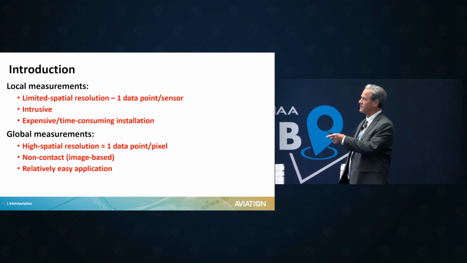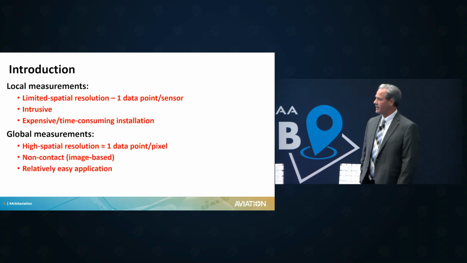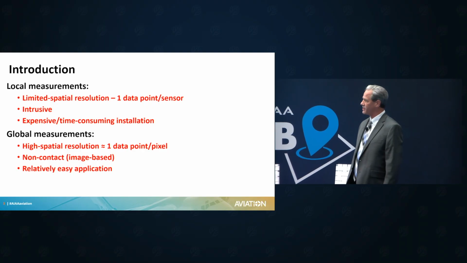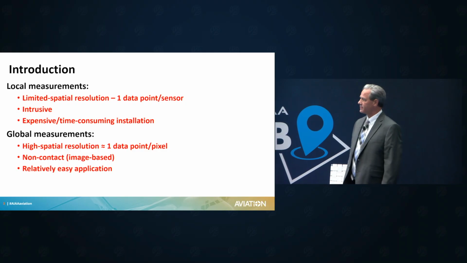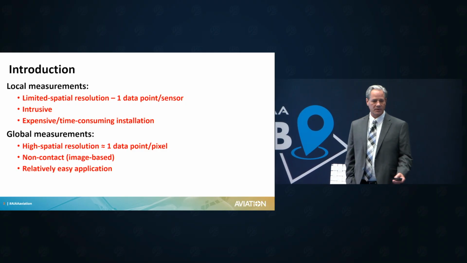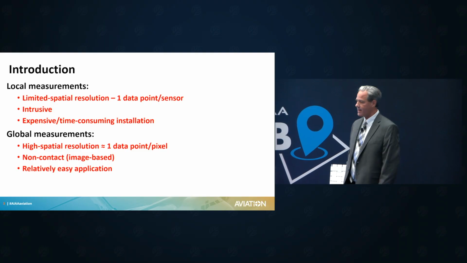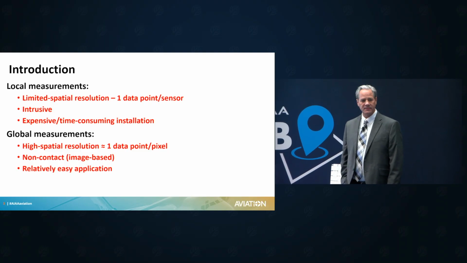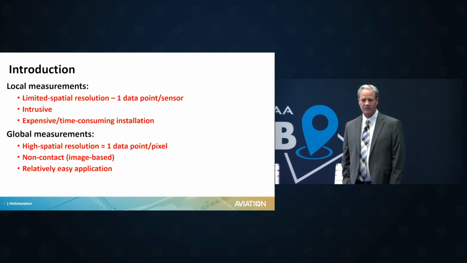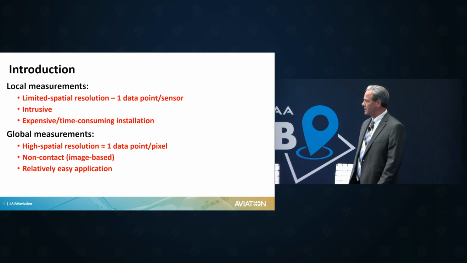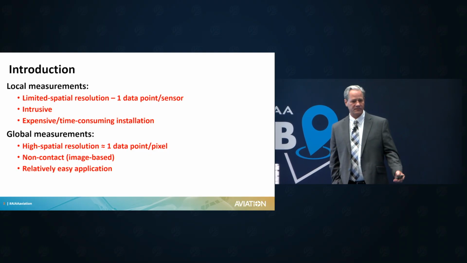So this is basically a presentation about local measurements versus global measurements. Local is limited by spatial resolution, typically one data point per sensor, like one pressure tap. It's very intrusive, in the case of a lot of the pressure taps that need to be installed in geometries that are very thin in nature and not physically possible to install the pressure tap. It's very expensive and very time consuming.